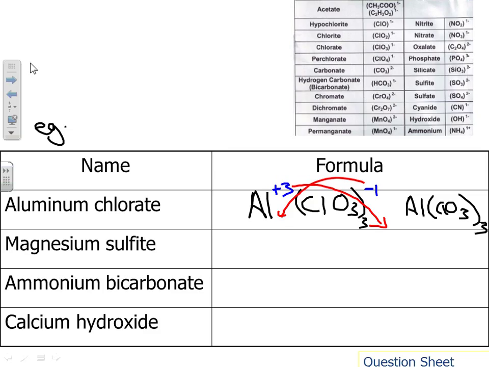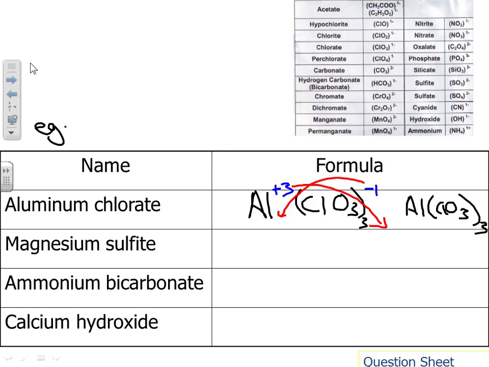Remember, this 3 tells me that I have 3 of those chlorates. So my picture for that would be pretty big and complicated. It would have an Al maybe in the middle with 3 big chlorates around it. I'm not going to make you draw that, but that's what it would look like.